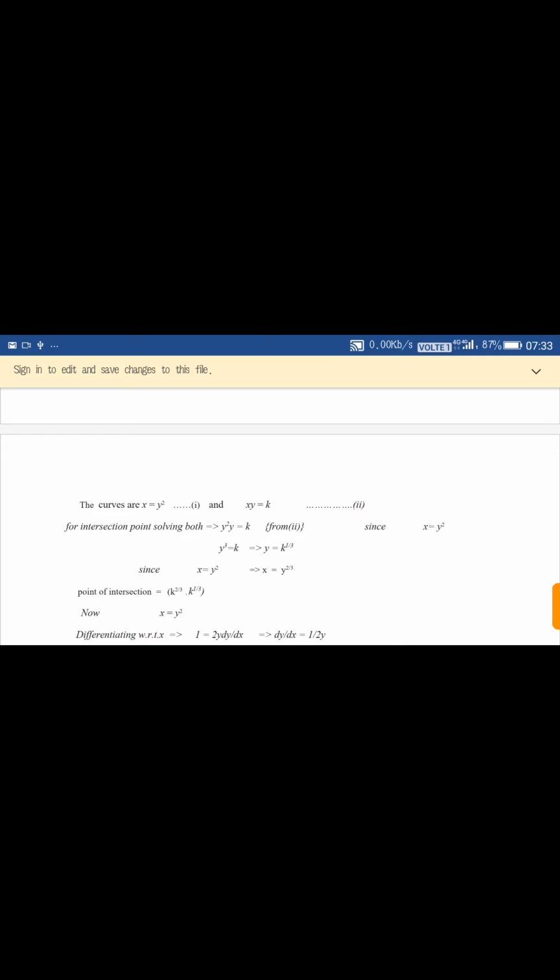First step, you are given two curves, x is equal to y square and xy is equal to k. First find the intersection point of both, by solving these two. Here we have x is equal to y square from first and xy is equal to k from second.